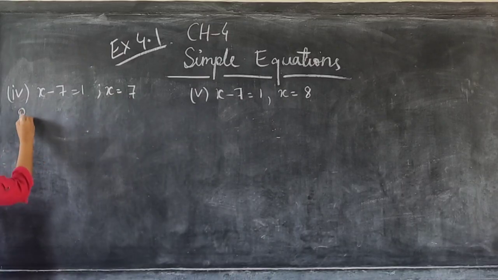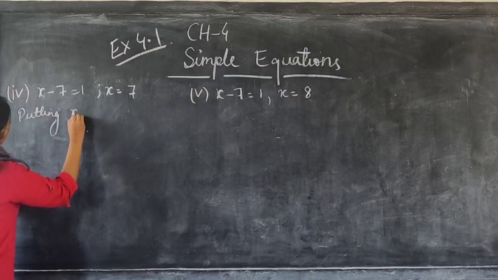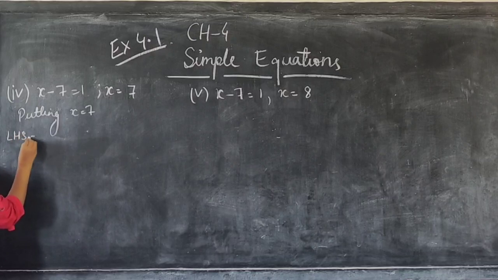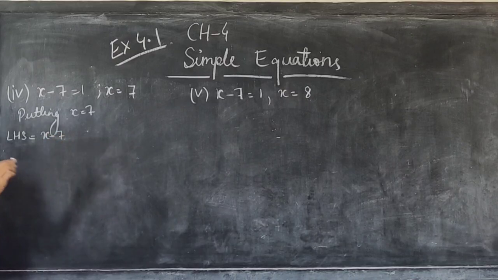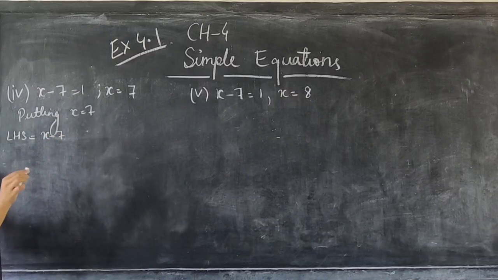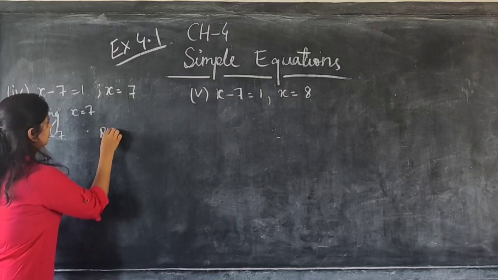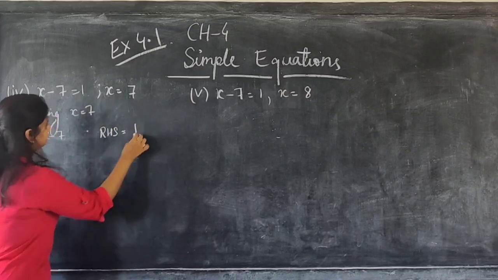So write putting x equals 7. Your left hand side, first write the expression x minus 7. If it does not have an equals to sign, it means it is not an equation. And your right hand side is how much? 1.